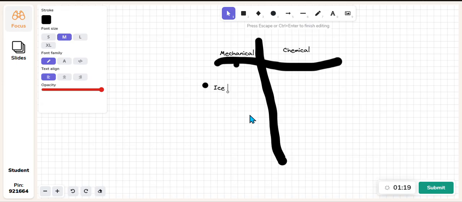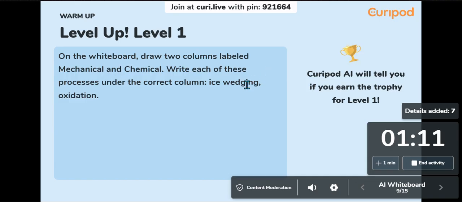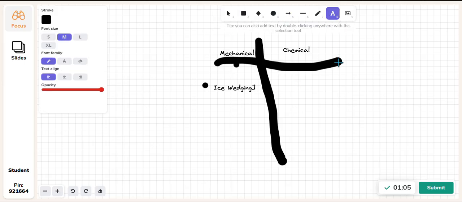Ice wedging. And then what was the other one? Ice wedging and oxidation. Oxidation would be chemical, since the oxygen is reacting with moisture in the air.